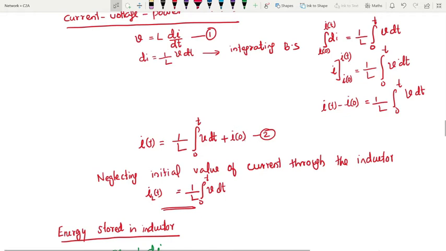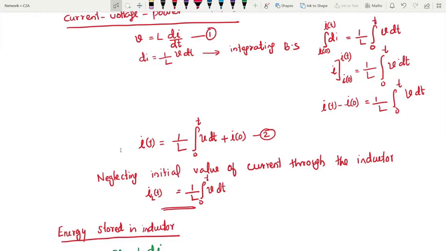If the initial value of current through the inductor is neglected, the current through the inductor can be expressed in this simple manner. That is, i_L(t) is equal to 1 by L integral 0 to t V dt.